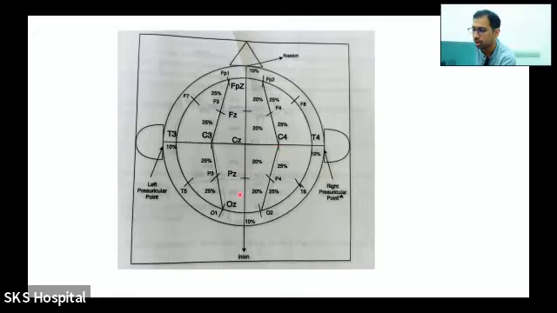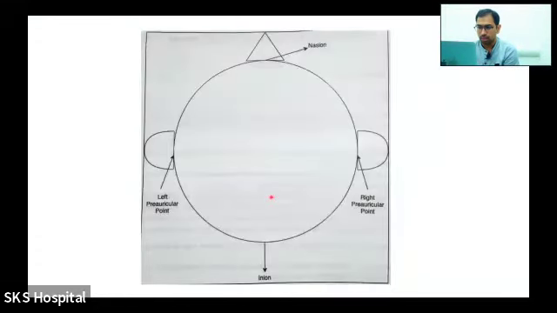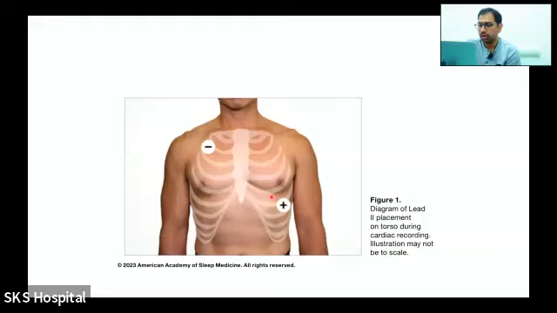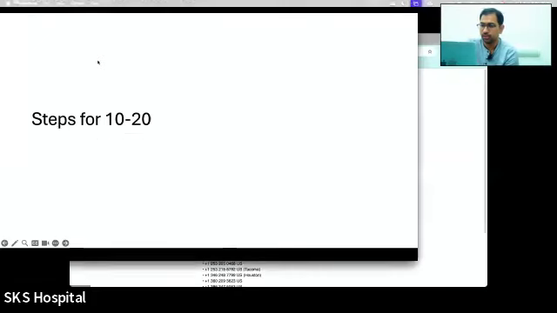So whatever is in bold here is what you are going to connect. Say for example, here you are going to connect F3, C3 and O1. Same way F4, C4 and O2 are the points you are going to connect in real patients for the 10-20 system in level 1 PSG. So I hope you have understood the basic points. Now I'll show you a small video about how it goes in real patients where we connect.